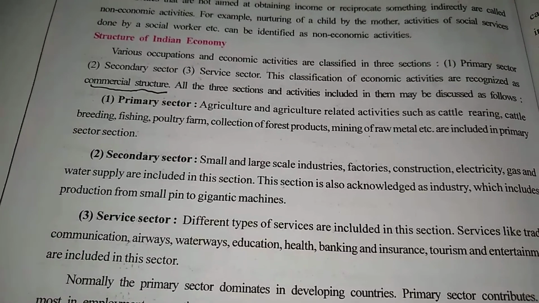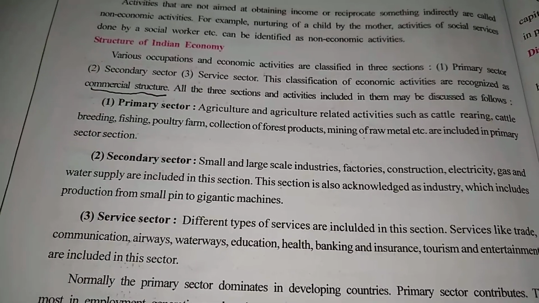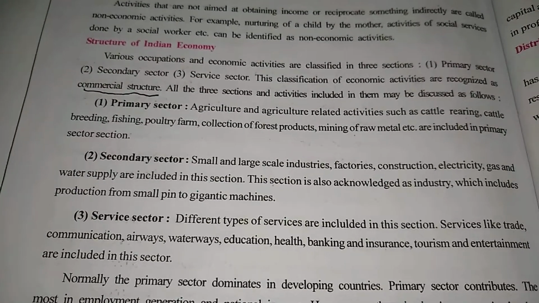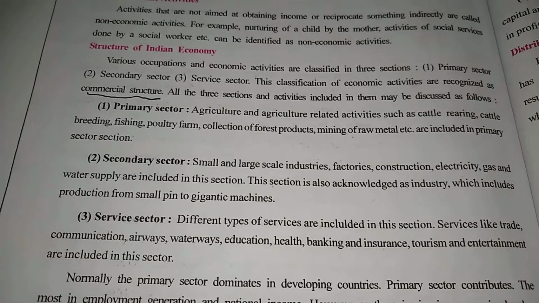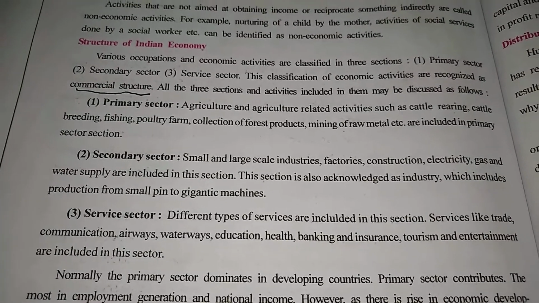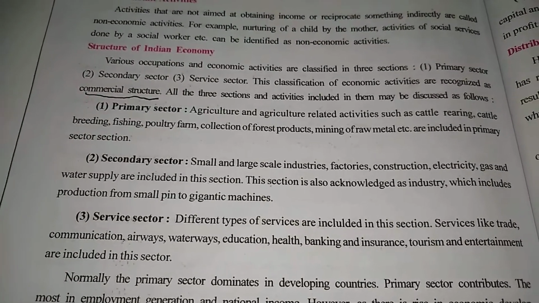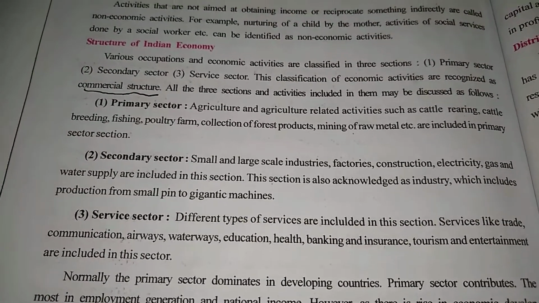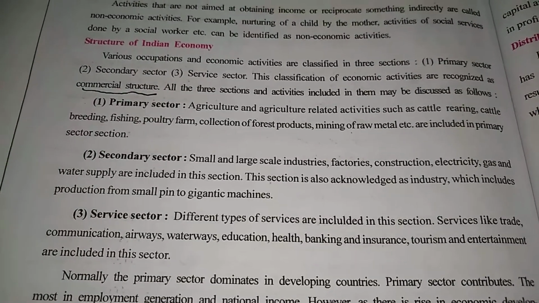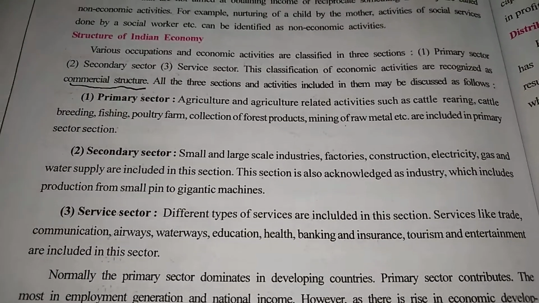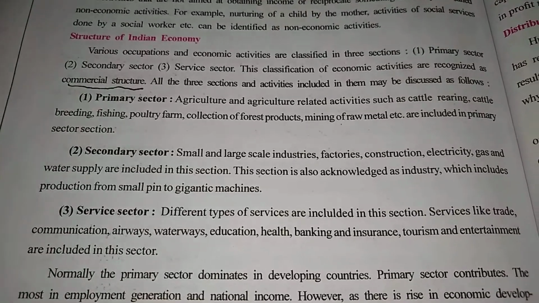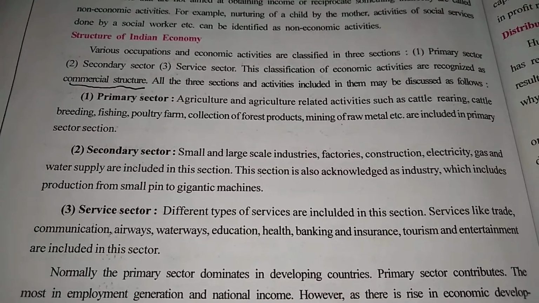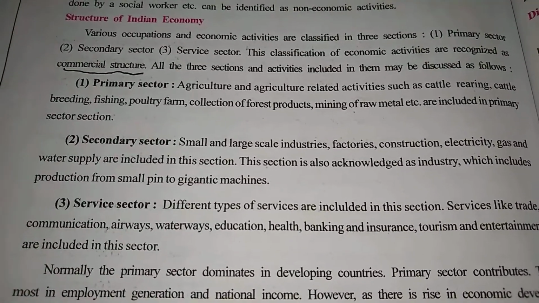Either they are related with agriculture or with agriculture associated activities. Cattle rearing means you take care of the cattle, and in cattle breeding you nurture the cattle to get various products. Fishing you already know, poultry farm is to produce and receive eggs, collection of forest products includes medicinal plants, and mining is to get raw metal from the earth's crust. So these are related with nature directly.